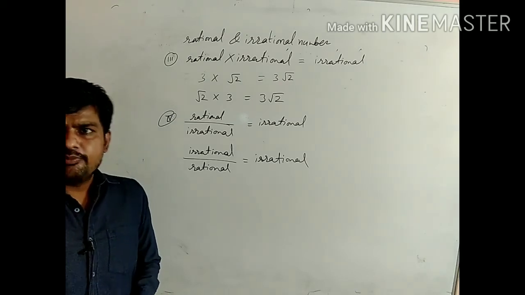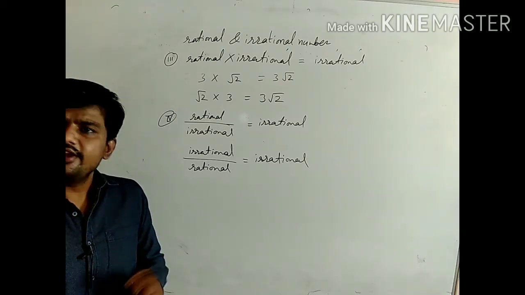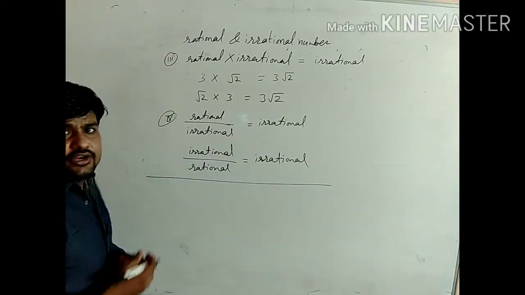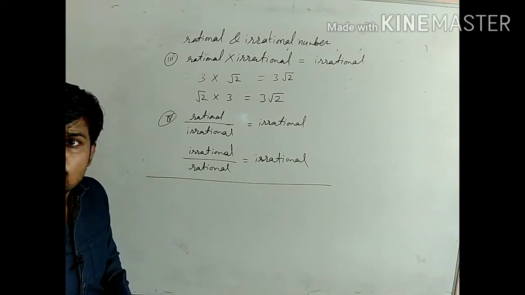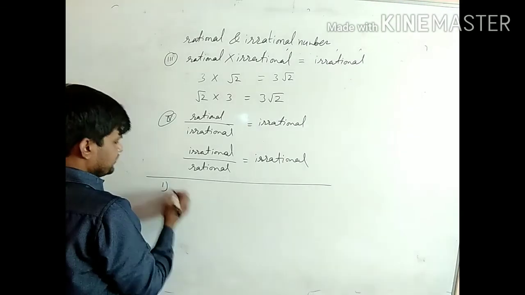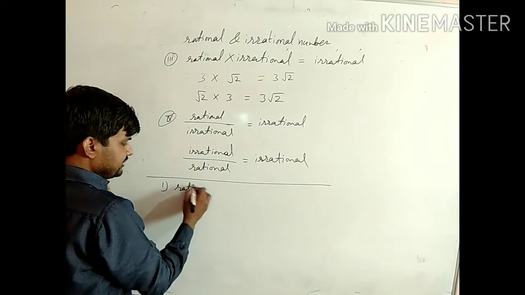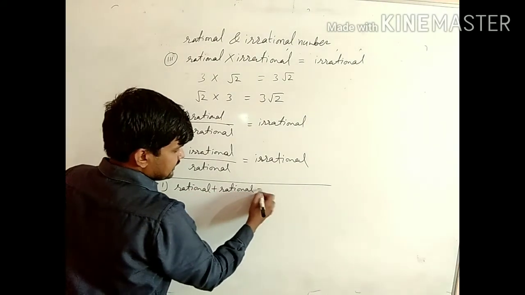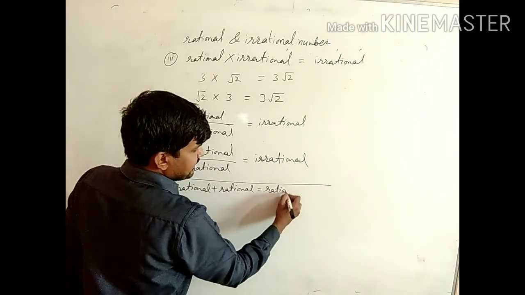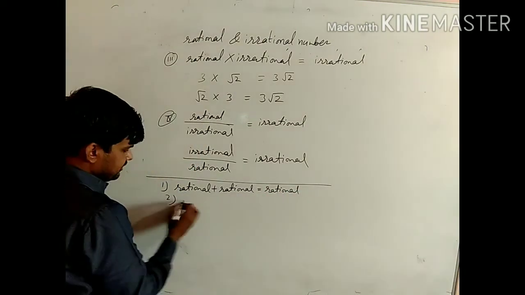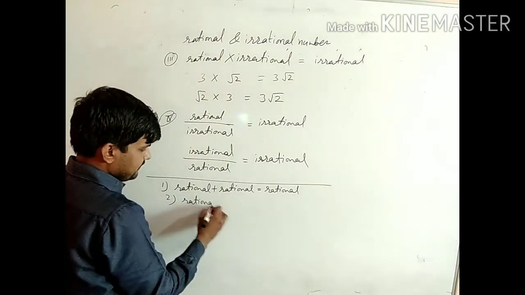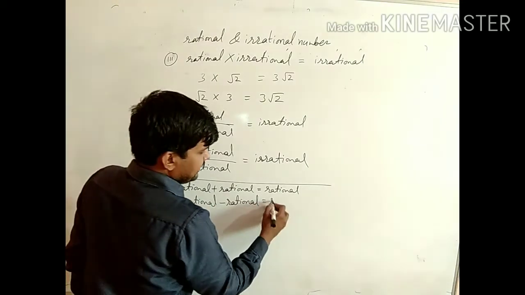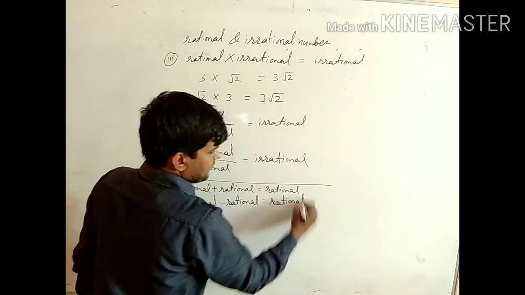Now if we perform operations between two rational numbers, such as the first one is rational and the second one is also rational, then the result is rational. Second, rational minus rational gives a rational.